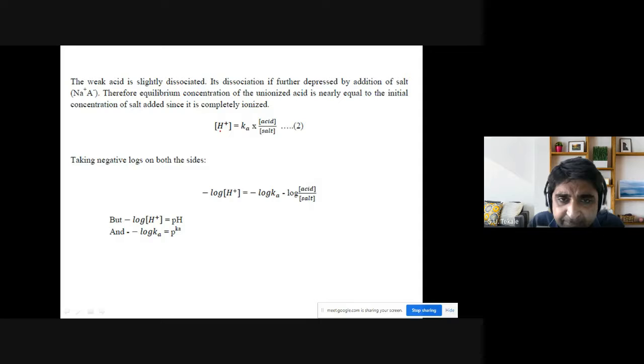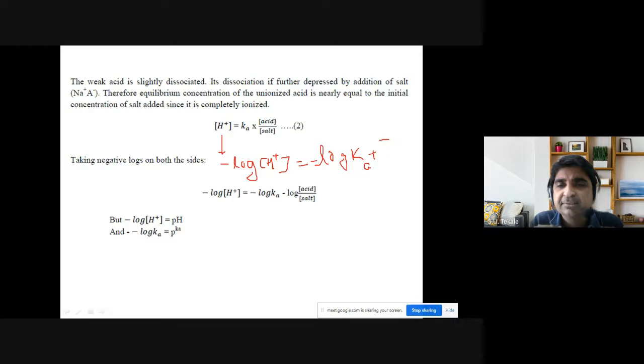This can be written as minus log of H plus ion concentration, applying negative log on both the sides, plus minus log of concentration of acid upon concentration of salt.